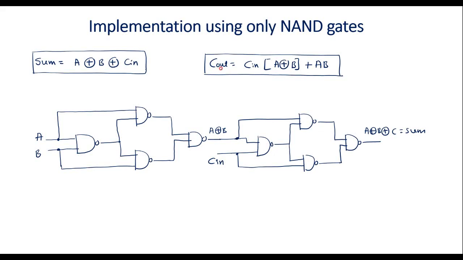Now we'll try to implement carry out, which is equal to Cin(A XOR B) plus AB. I can simplify this as Cout equals Cin(A XOR B) plus AB. I'll take the complement on both sides so that Cout complement equals the complement of Cin(A XOR B) plus AB.